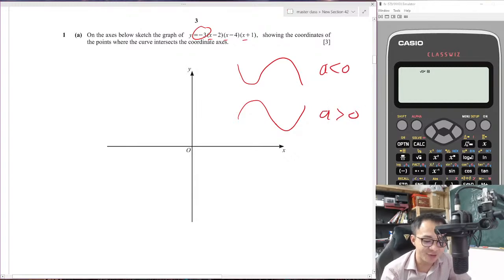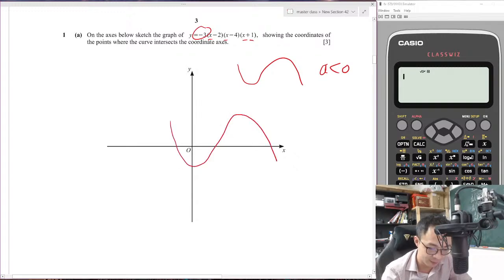But because this is negative 3, I will use the first one. Then I want to know what coordinates they will intersect at. They will intersect at negative 1, 2 and 4, right? So should be negative 1, 2 and 4. So should be something like this. So at negative 1, 2 and 4. Of course, you just draw nicely a little bit if possible.